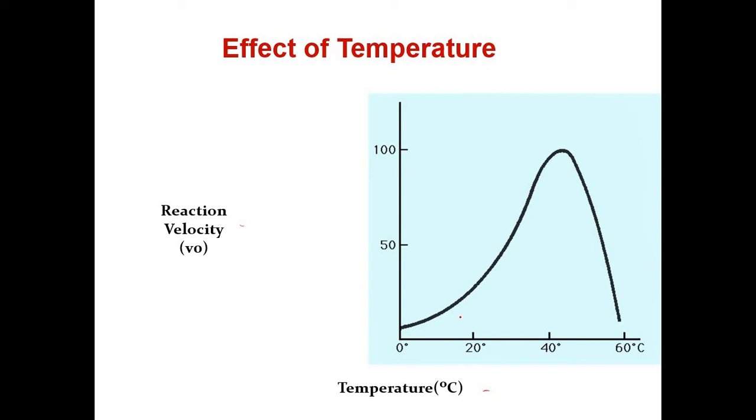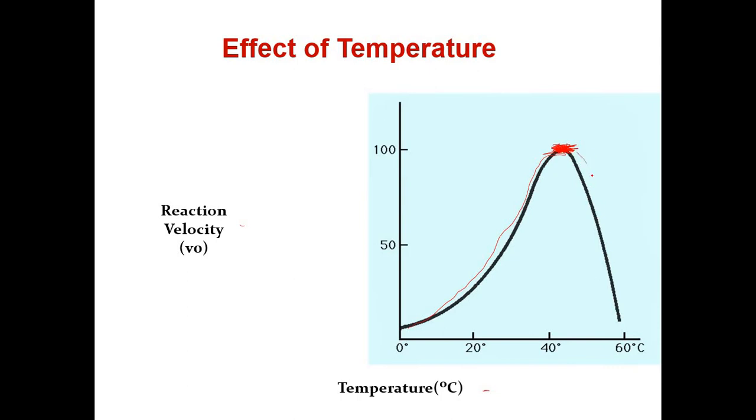Enzymes have different optimum temperatures, but generally, they have low activity, so low reaction velocity, at the start, at lower temperatures, and then they reach their optimum temperature. Optimum means they have their highest activity at that temperature. If you go beyond that optimum temperature, then the enzyme activity could decrease.